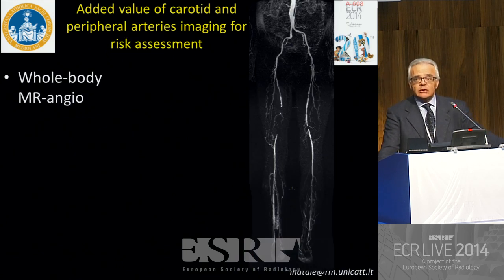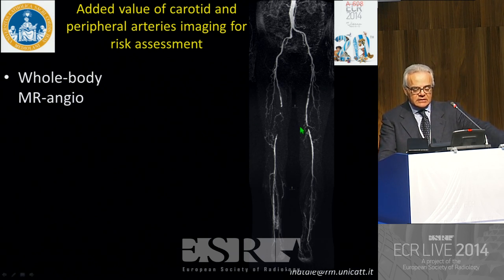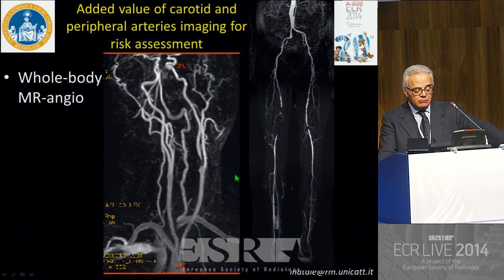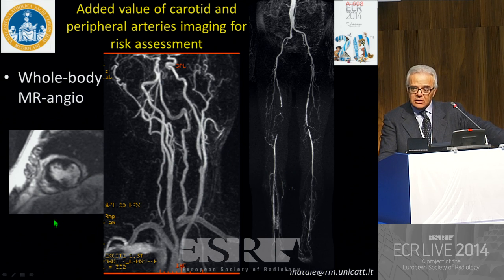And it's common also in our practice, in our center, to demonstrate the presence of severe peripheral artery disease, in this case in the right femoral artery, and also in the carotid artery here. And you usually complete this kind of whole body evaluation with a late enhancement study in which some percentage of unrecognized myocardial infarction can be assessed.